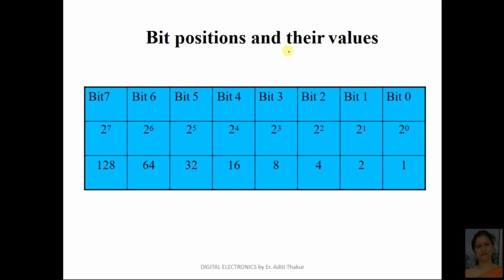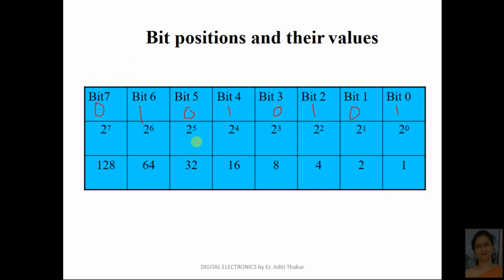Now I have told you that this binary number system has some weightage for each particular position. Each and every position has some weightage. So here we can see our bit positions. The number may be any; let it be 0, 1, 0, 1, 0, 1, 0 and 1, as we have taken in the example previously.